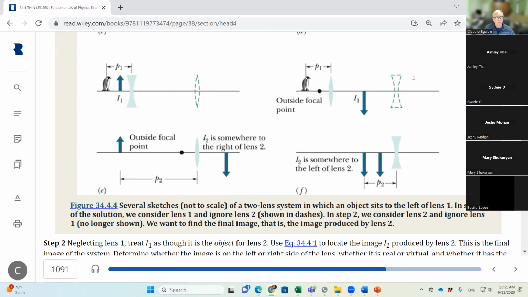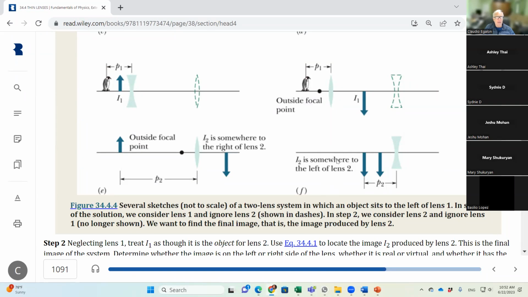What if we swap, right? Positive and negative. The penguin is far away from the focal point, and produces a real image. This real image acts as a real object for the second lens, which produces a virtual image.